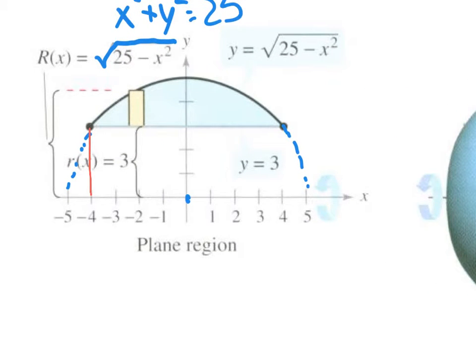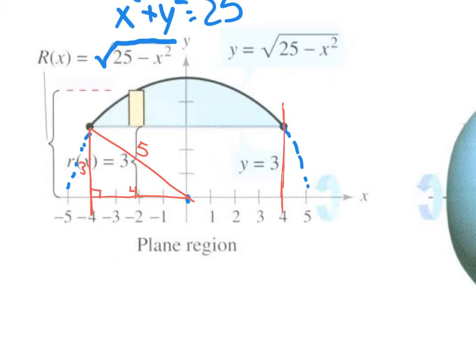Look at the graph. This is where some thinking outside the box comes in handy. Typically we find intersections by setting the functions equal to each other. But because this is a sphere, I know the radius is 5 and I know this is 3, so this is a 3, 4, 5 right triangle. So when I'm integrating, I need to go from negative 4 to positive 4 to get the right range.